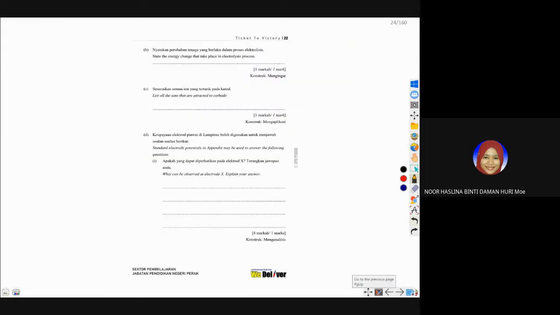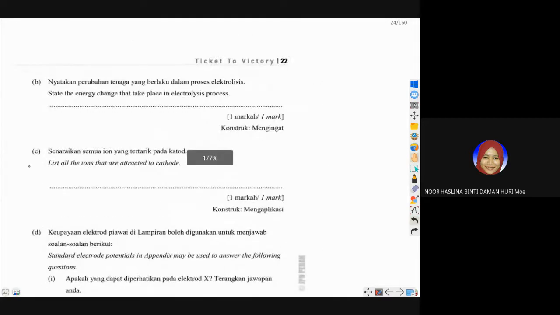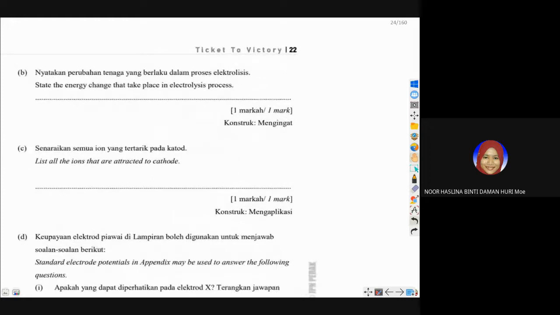Okay, 3B. Okay, this is 3B. State the energy change, okay, that take place in the electrolysis process. The clue here, start from E. So start from E, electrolytic process is the electrical energy. Okay, because it's produced from the battery. Nak dapat battery produce the electrical energy. So what is the energy change?